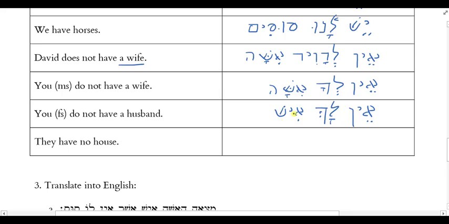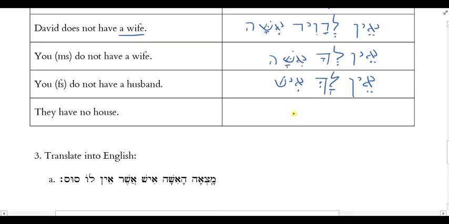All right. And then finally, they have no house. They have no house. Or they don't have a house. Either way. Ein. Okay. La. Is it hen or hem? We don't know.